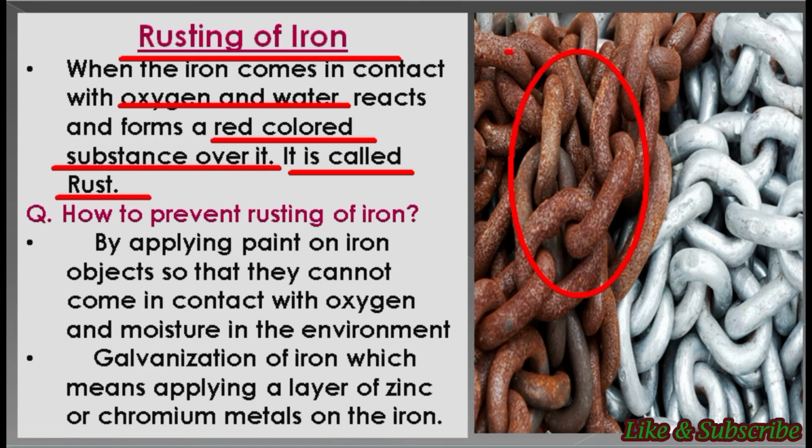Students, rust is a type of corrosion and it happens to iron and its alloys when exposed to air or water, as I said earlier. This rust slowly decomposes iron into other chemicals because of a reaction with oxygen.